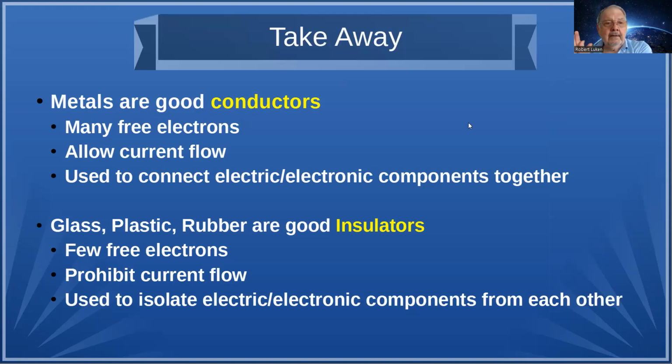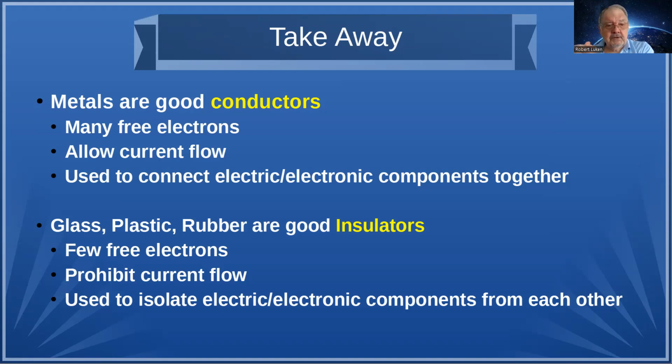So what do we take away? That metals are good conductors because they have a lot of free electrons. It doesn't take much energy to cause them to move from one atom to another, which is what we define as current flow. We use them to connect electronic components together.